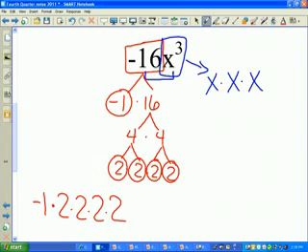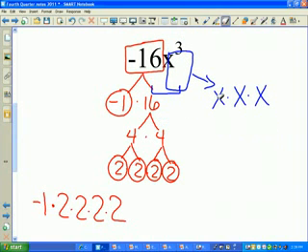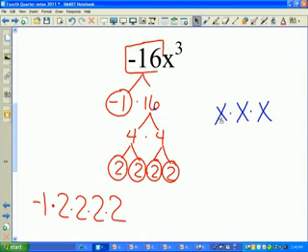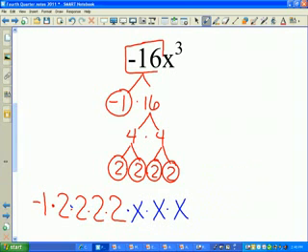So since this whole thing is being multiplied, I just want my x's. All I'm basically doing is taking my x's and putting them with my numbers.